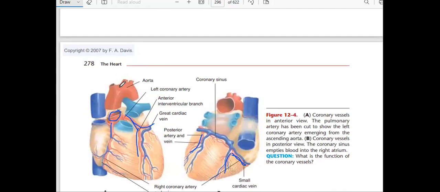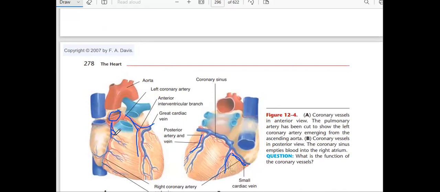One thing is that the first organ which will receive the blood from the heart is the heart itself, because we have to keep the heart functioning. Likewise, branches are there to the whole heart. Sometimes a clot or embolism will occur here.